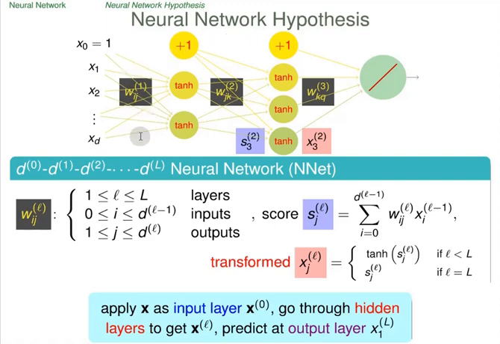Every arrow here represents a weight, or connection strength, from a node in a layer to a node in the next higher layer. We also note that the bias nodes have no incoming weights. They are just being fed to other units.